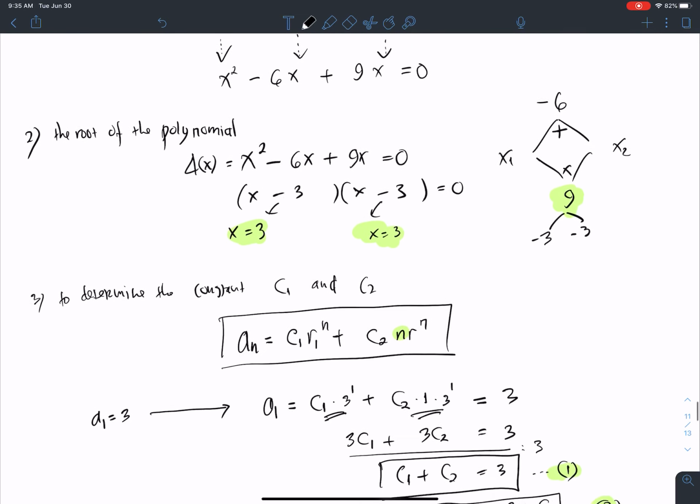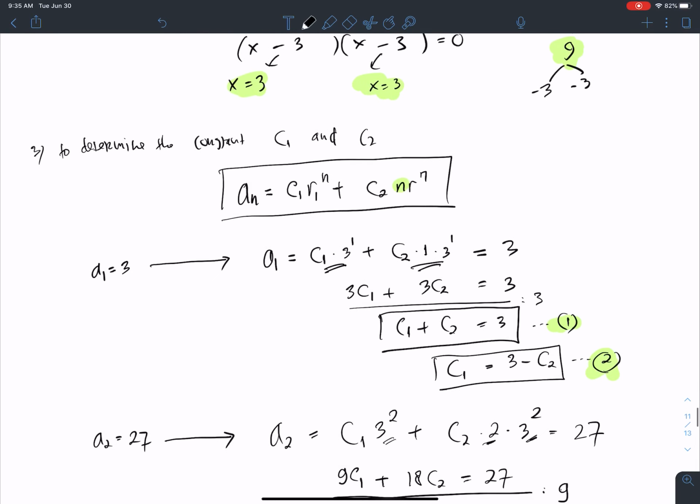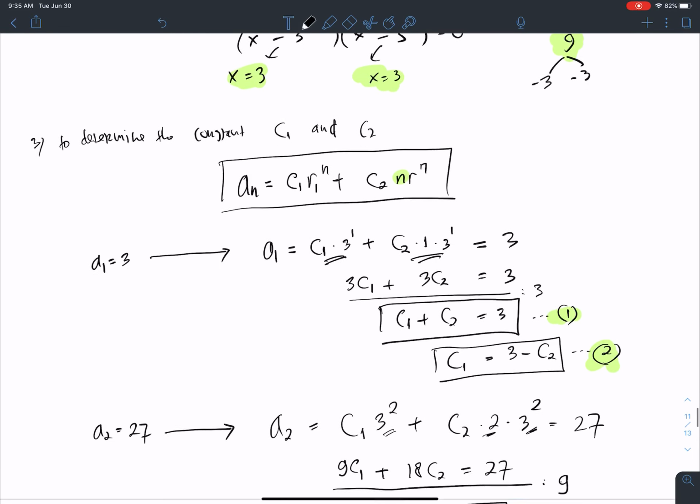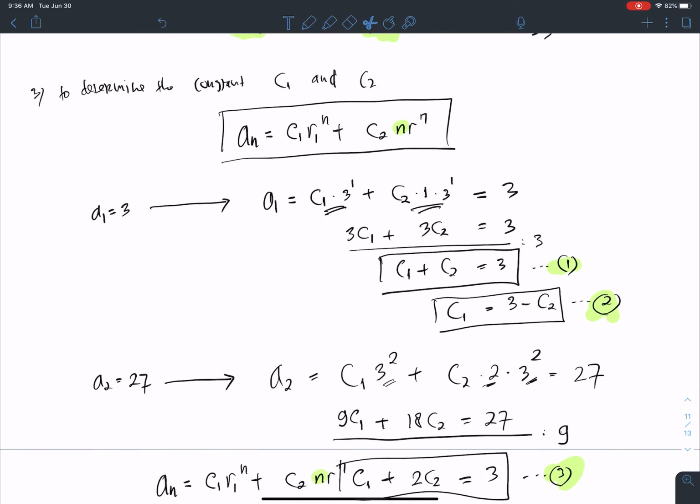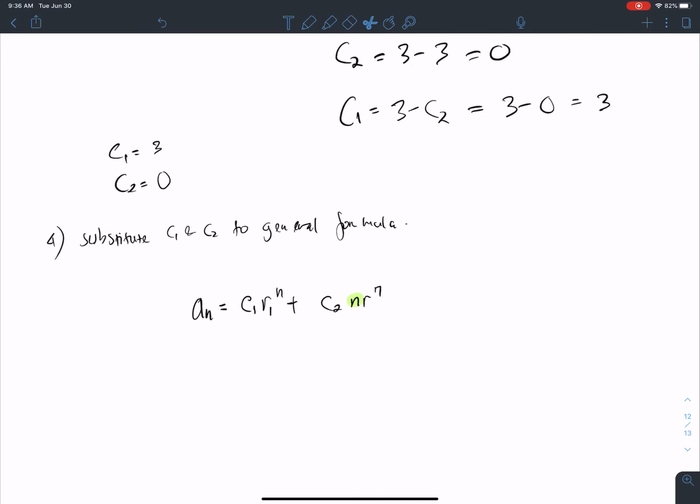Where did we put it? Here. Okay, this one. Let me just duplicate.